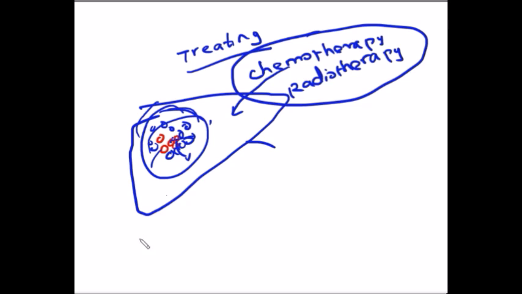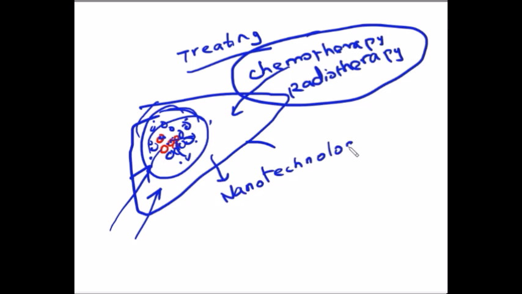If you give radiotherapy or radiation in this part, not only the red cancer cells, but normal cells also get affected. To avoid this, nanotechnology is becoming a choice. By using nanotechnology and nanomaterials, we can treat the cancer without affecting the adjoining normal cells. How? Photodynamic therapy is one way.